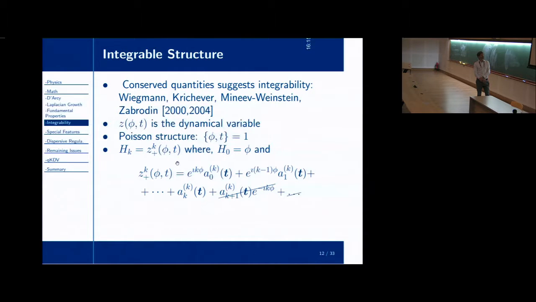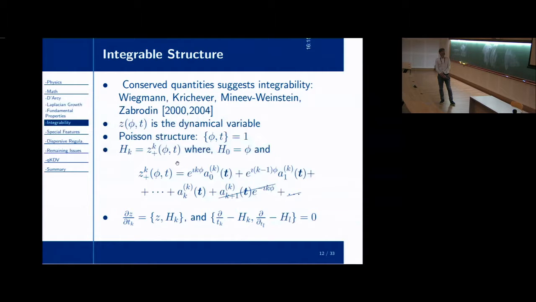If we take phi and t to be the canonical conjugate variables, in this way one can also define deformations of z, treating each one of the h_k's as a Hamiltonian. So h_k can be treated as a time translation operator with respect to t_k, and t_k was the appropriate Richardson moment.